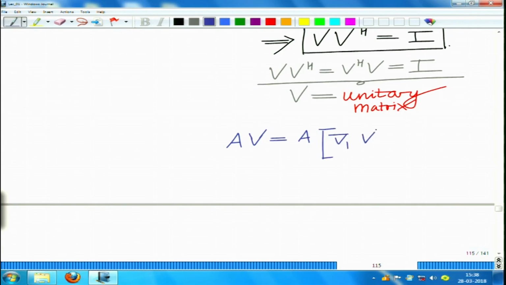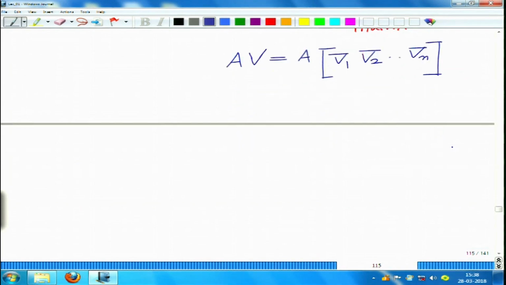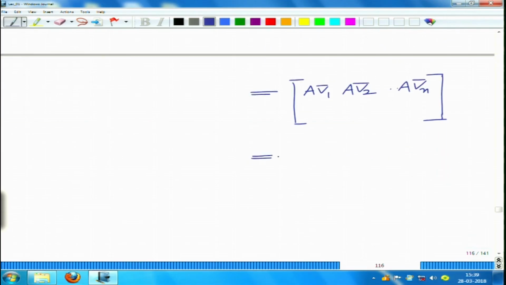Now, let us look at the product A V, that is A times the matrix of eigenvectors V1 bar, V2 bar, Vn bar. You can see this equals A V1 bar, A V2 bar, A Vn bar, which equals, since these are eigenvectors, lambda 1 times V1 bar, lambda 2 times V2 bar, lambda n times Vn bar.